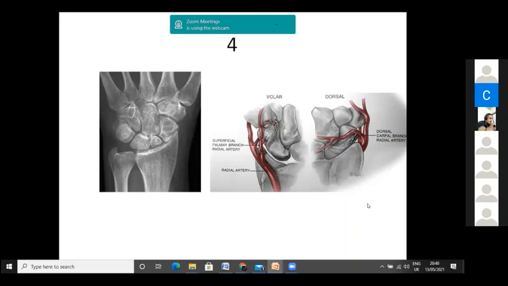And there is a lateral joint space narrowing. Okay, very good. And there is a scaphoid fracture.